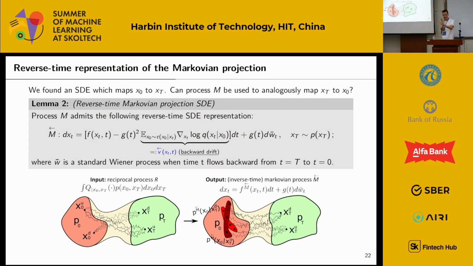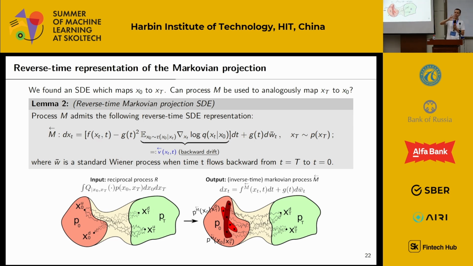In flow matching, since everything is based on ordinary differential equations, this drift can be immediately used to perform the reverse translation from P1 to P0, because it was sufficient just to take minus drift and go in the backward direction. In the case of stochastic differential equations, the situation is a little bit more complex.